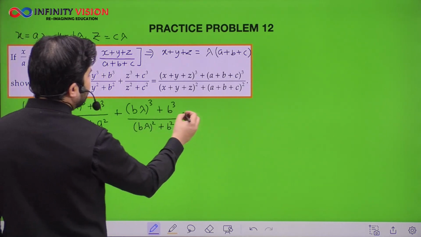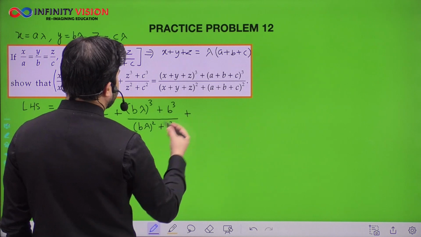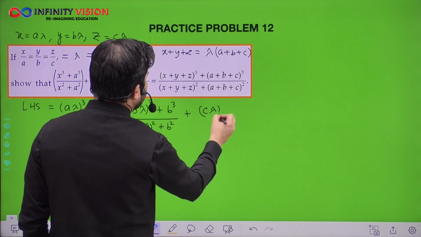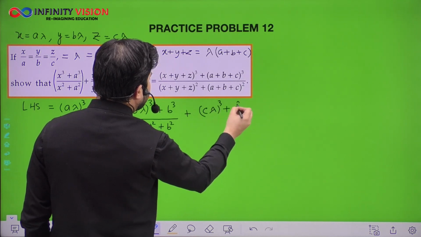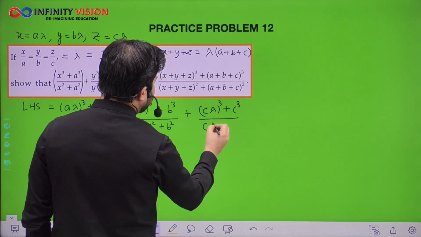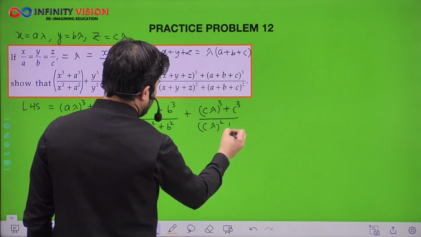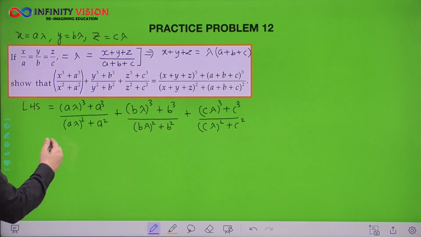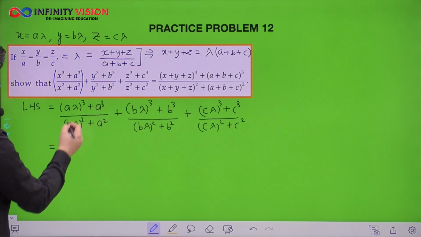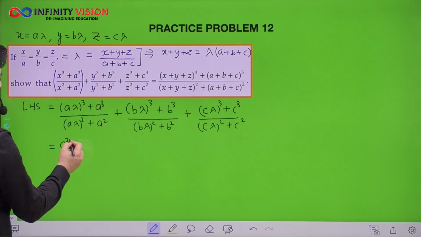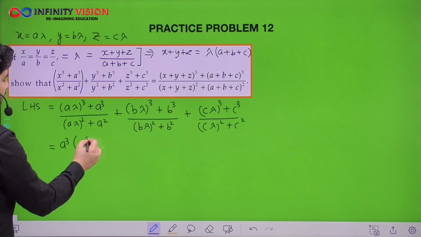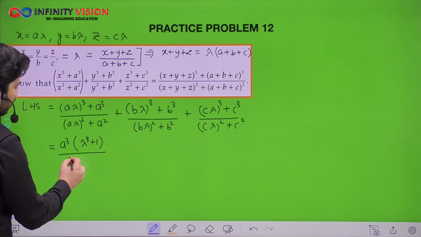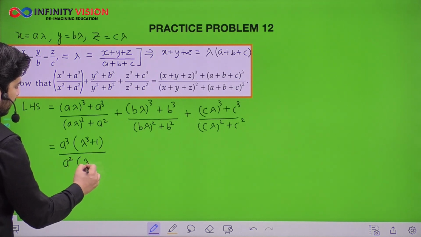And in the same way, your third term would be c lambda whole cube plus c cube upon c lambda whole square plus c square. All the three terms are pretty symmetrical, and you can see that a cube would be common and it would be lambda cube plus 1, and below you will have a square common and this would be lambda square plus 1.